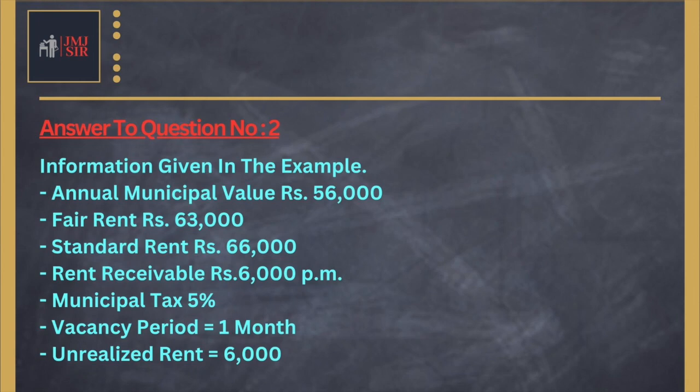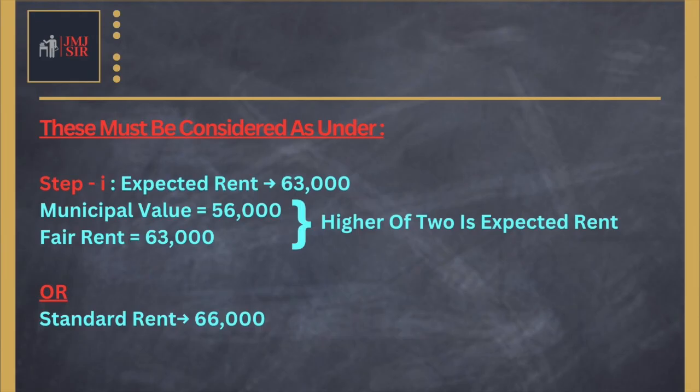Here we have the information in this example of the municipal valuation, fair rent, standard rent, rent receivable, municipal tax at 5%, vacancy period of 1 month, and unrealized rent of 6,000. Let us calculate the very first step of the gross annual value, and it is expected rent.